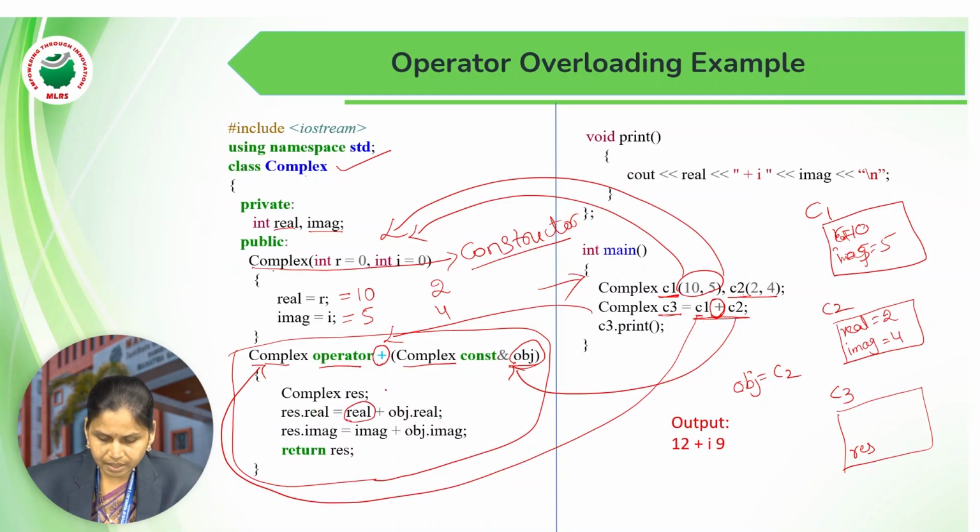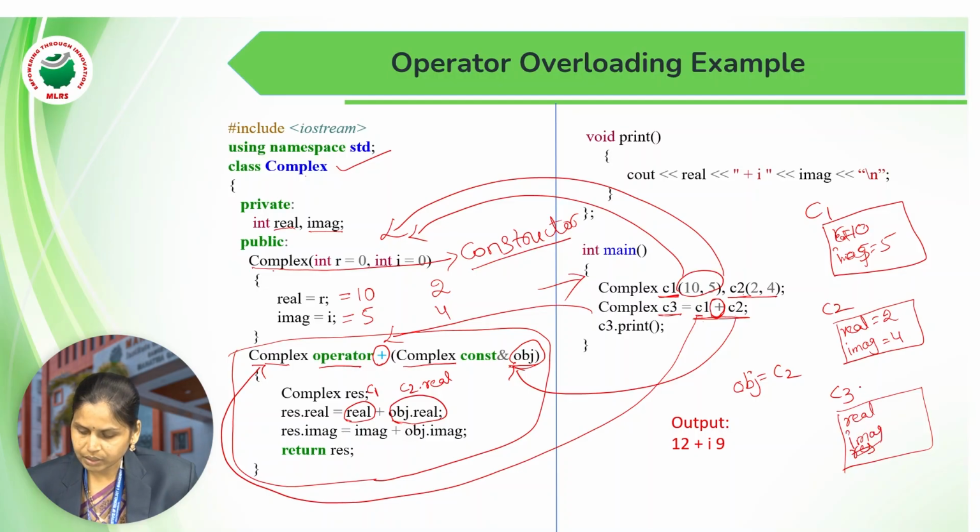The first real value is C1's value and obj.real is C2's real. Next, result.imag equal to the C1 object's imag value plus obj.imag, the C2 object's. So result.real equal to real plus obj.real means C1.real, the first value, 10, plus C2.real, the second value, 2.